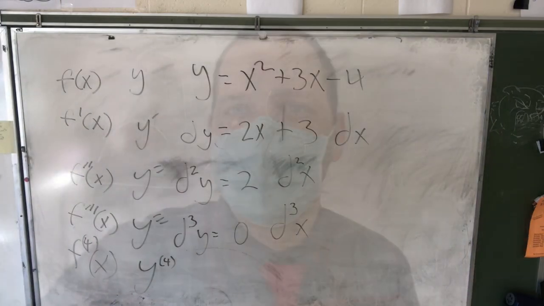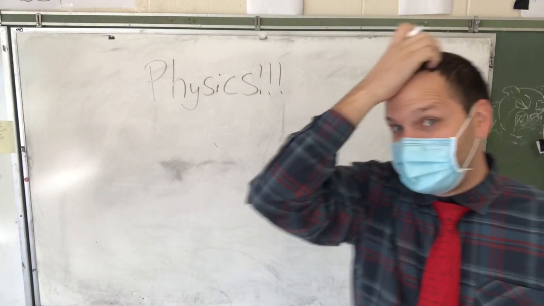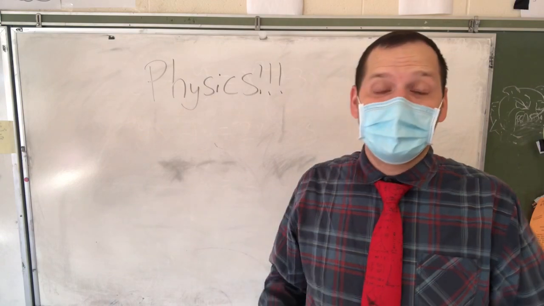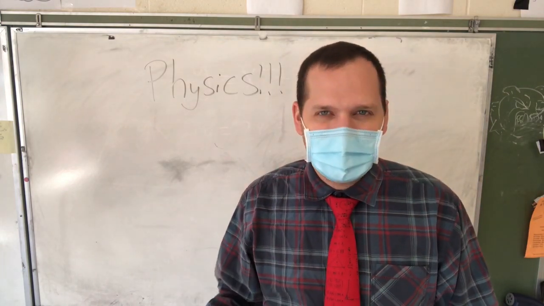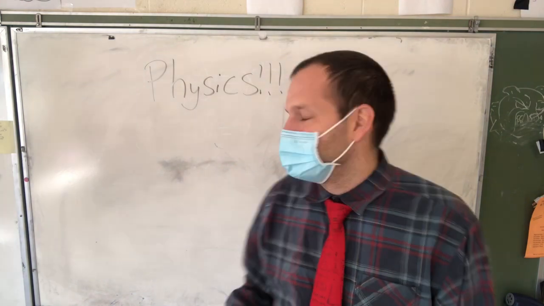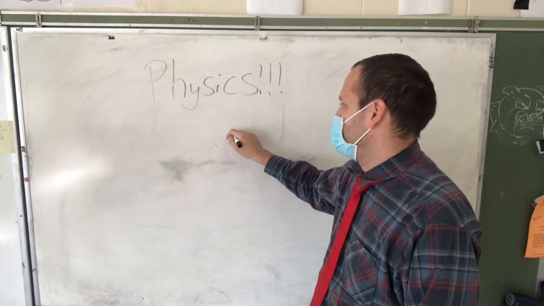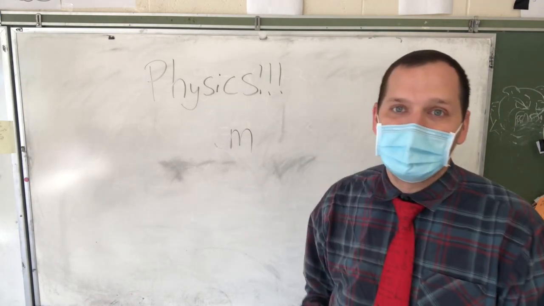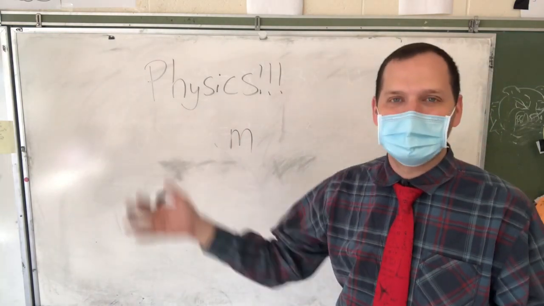Okay? So let's take this back to physics, because in physics is actually a lot of calculus. A lot of you have taken a physics class in one way or another, but you haven't really seen the calculus that's in the physics. Okay? So with physics, you have your distance. Usually they measure it in meters. Okay? So you've gone 20 meters, you've gone 30 meters, you've gone 40 meters.